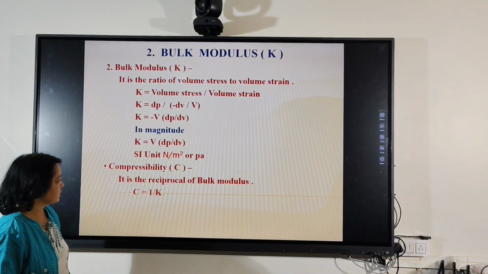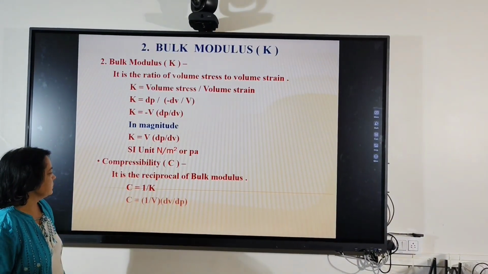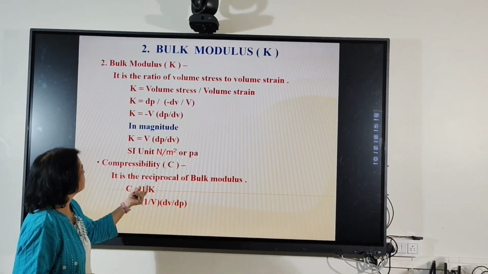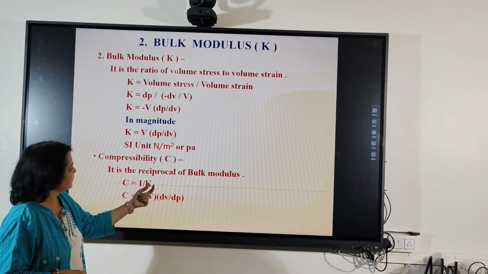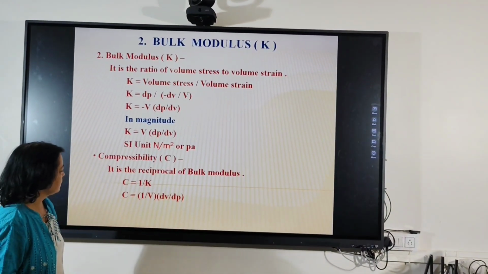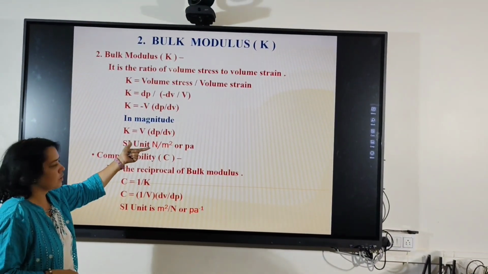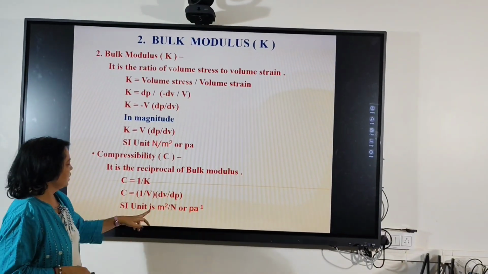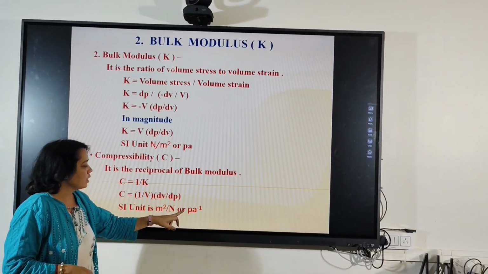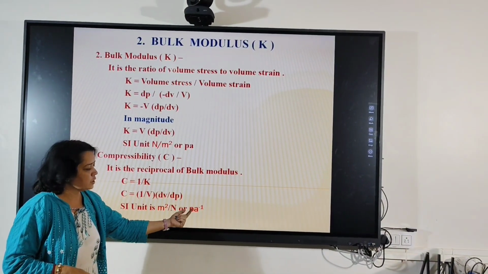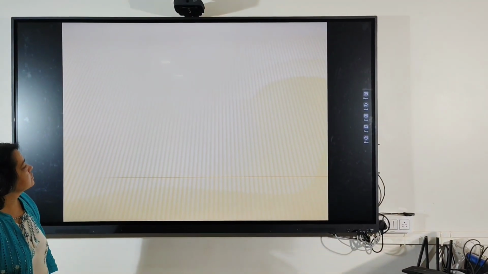Hence C is equal to 1 upon K, which is equal to dV by dP divided by V. This gets inverted, and its SI unit is opposite to that of bulk modulus or stress, which is meter square per Newton, or Pa to the power minus 1. So this is bulk modulus.